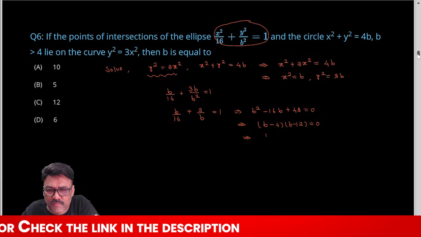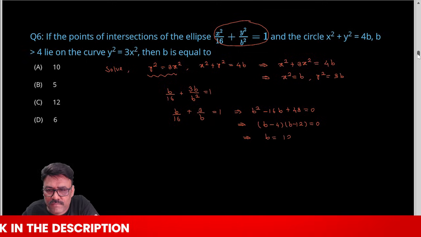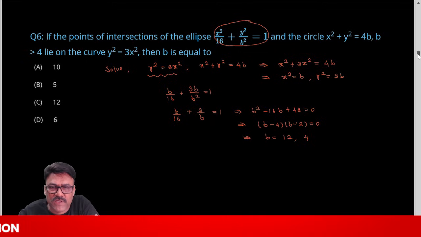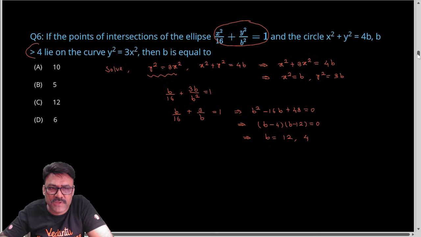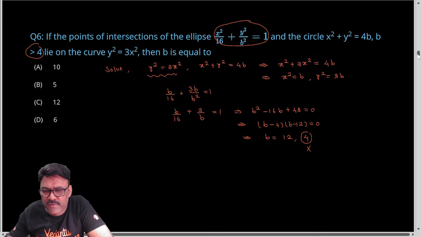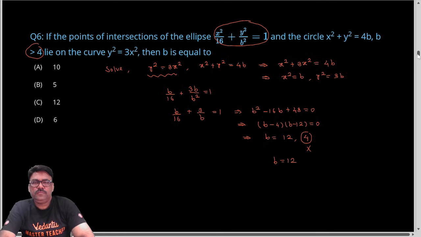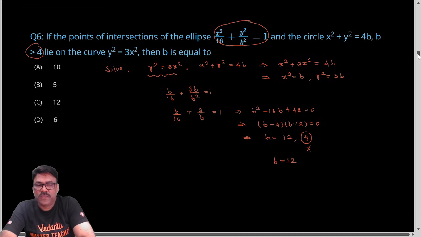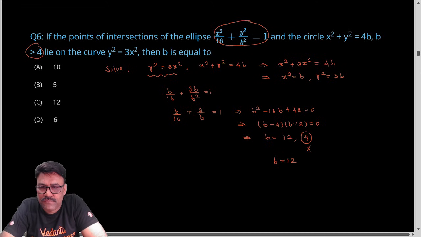So b will be either 12 or 4. But they have given in the question that b must be greater than 4. So 4 is not possible, it will be rejected. So b will be 12 here. That means D is the correct option here. Sorry, not D, C. C is the correct option here. My bad. Right?